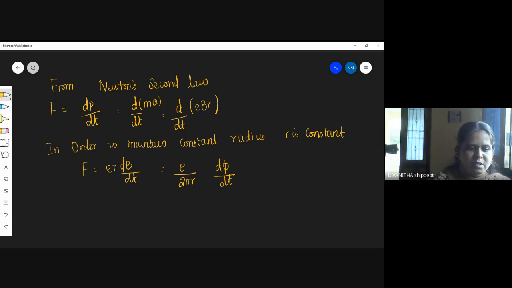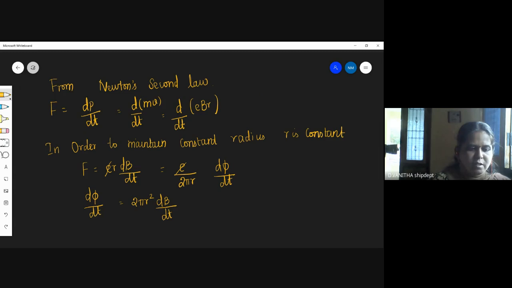So from this we can calculate d phi by dt is equal to 2 pi r square into dp by dt. This e and this e will cancel out. This r will come here, 2 pi r square dp by dt equal to d phi by dt.